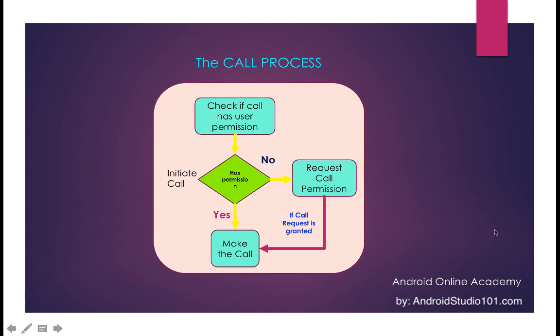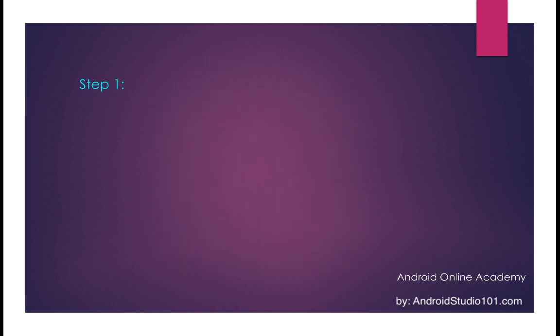So let's proceed. It's a little bit longer now, but don't worry, I have already broken down everything for you and it would be very easy to follow. So step one, you should first provide the needed permission inside your Android manifest.xml. Include the required permission for making phone calls.